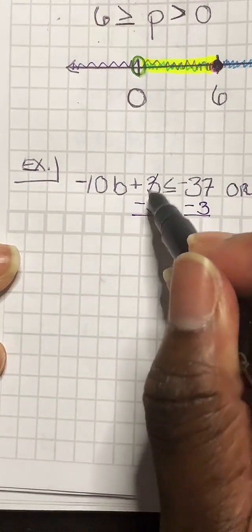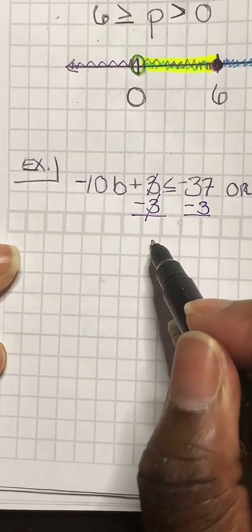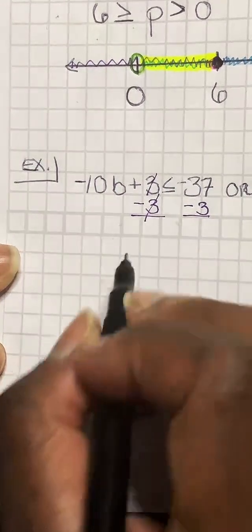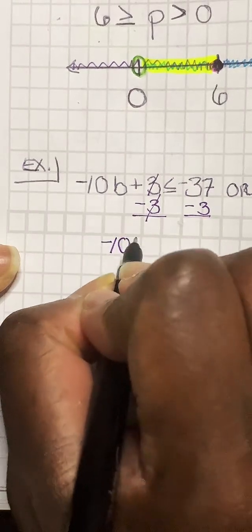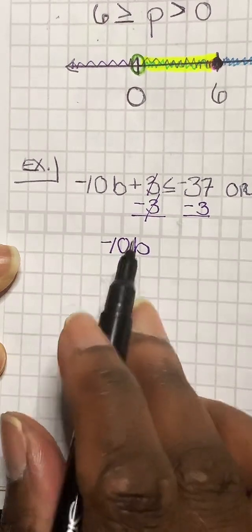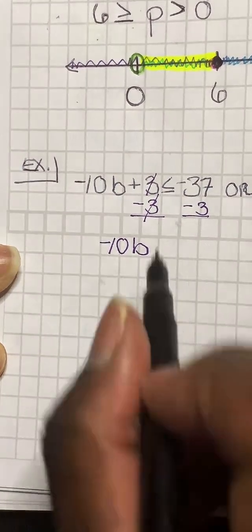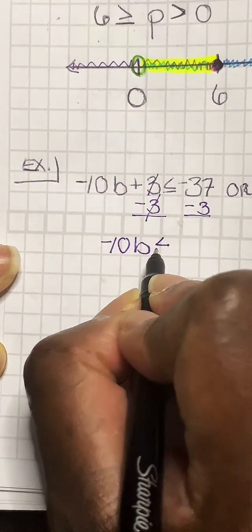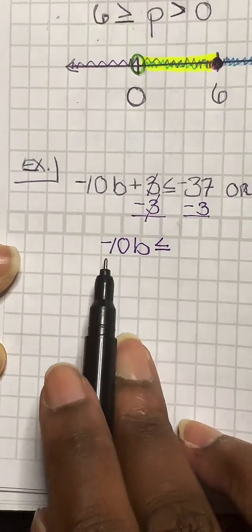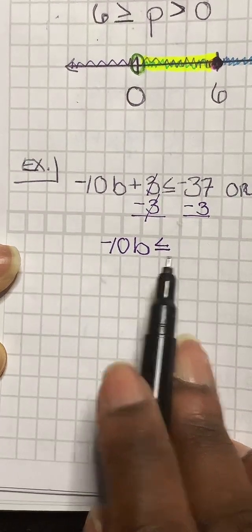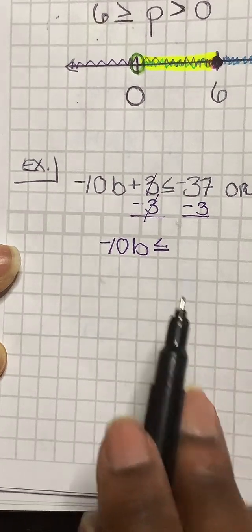So 3 minus 3 cancels out, gives me 0. But I don't need the 0 because I still have my negative 10B left on this side. I just subtracted, so my inequality sign stays exactly the same.